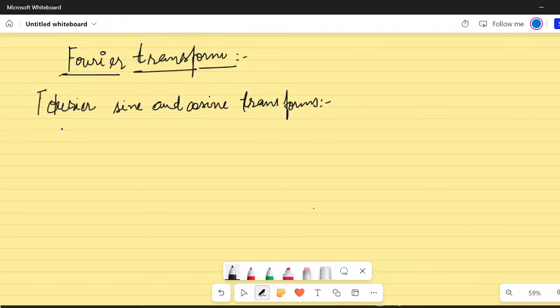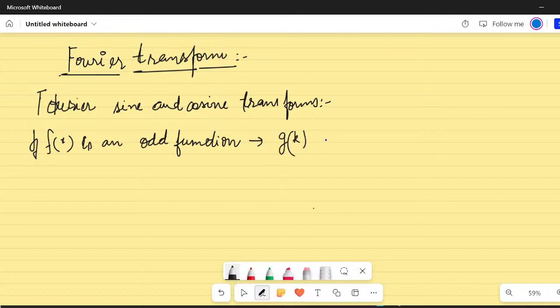So for example, let's say your function f(x), whose Fourier transform I want to find, is an odd function. Then it happens that g(k) is also an odd function.